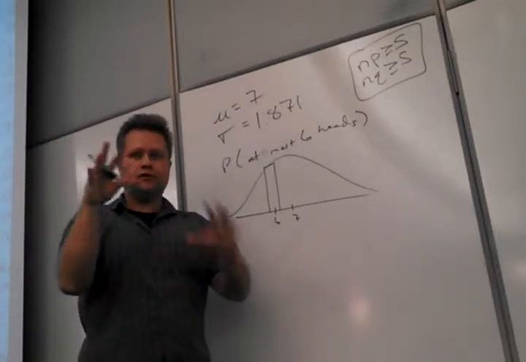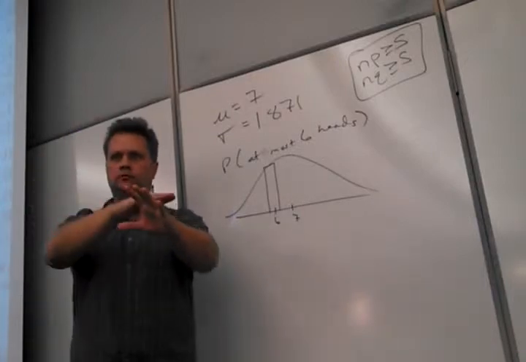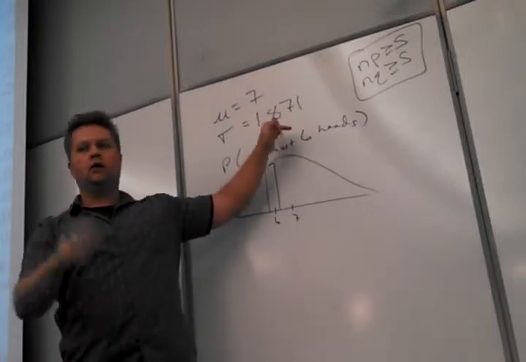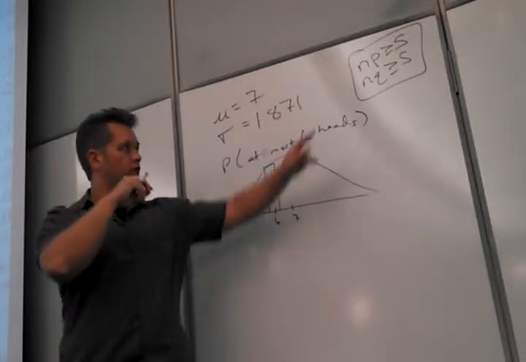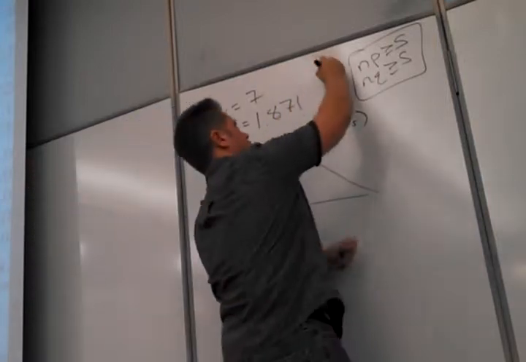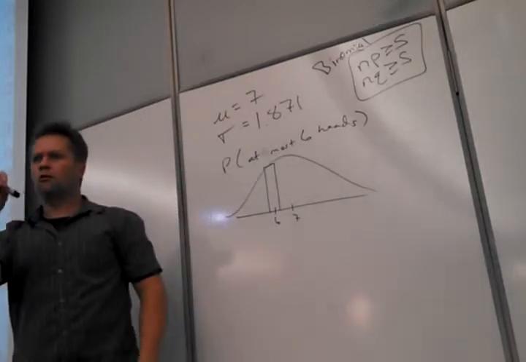That would be true for any continuous variable. For a binomial, specifically for NPQ problems, this is the binomial check to see if it's normal enough.